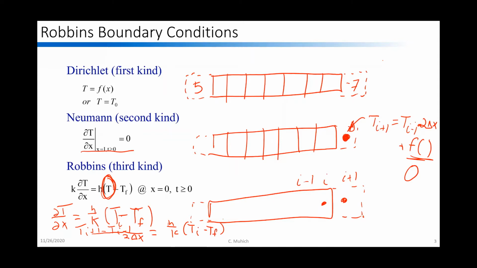Now I can rearrange it just like I did up here, but we have an additional term. So T_(i+1) is equal to T_(i-1) plus 2 delta x times h over k times (T_i minus T_f).